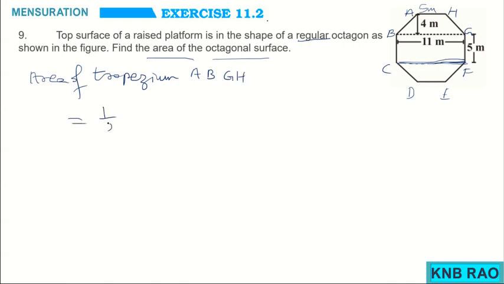where the area is half of the sum of the two parallel sides, that is 5 and 11, multiplied by the perpendicular distance between those two parallel sides. Now 2 into 2 cancels with this 4, so 2 2s are 4, and 5 plus 11 is 16, 16 2s are 32 meter square.